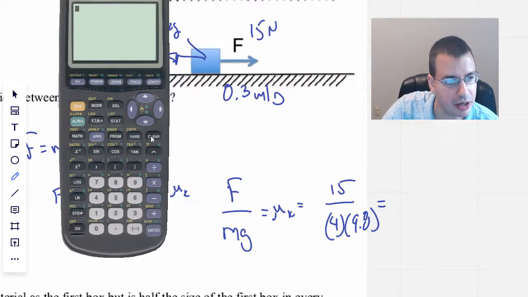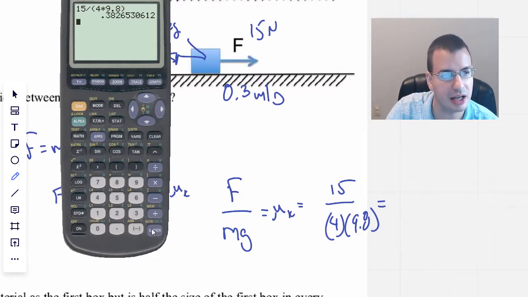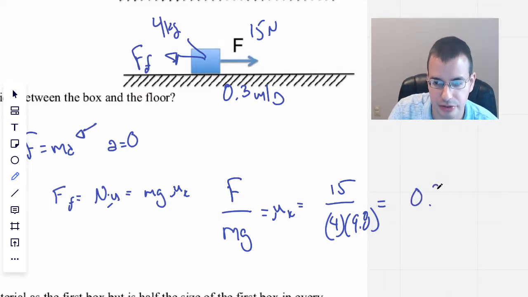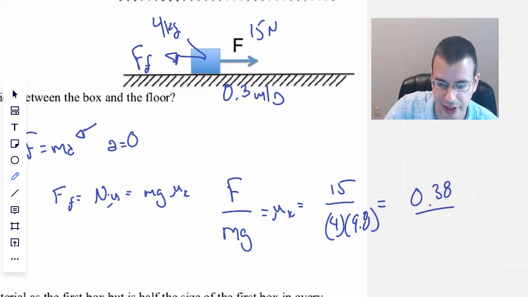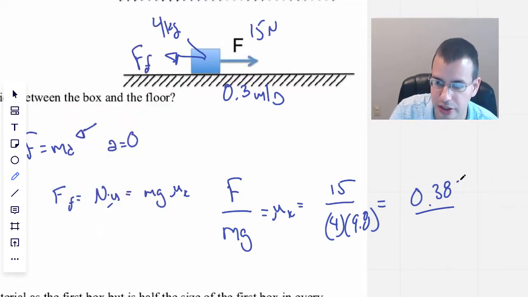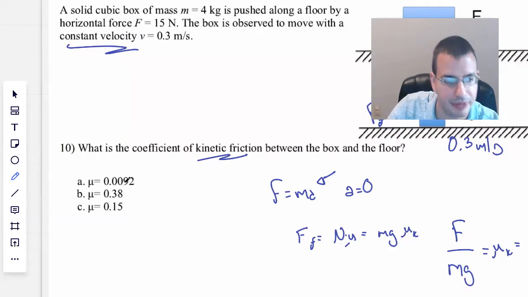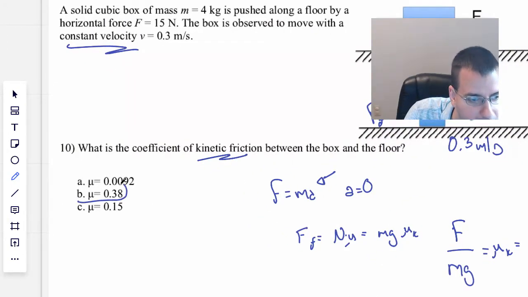So on the calculator, 15 divided by quantity 4 times 9.8 is 0.383. There we go. Bam! It's this one right here.